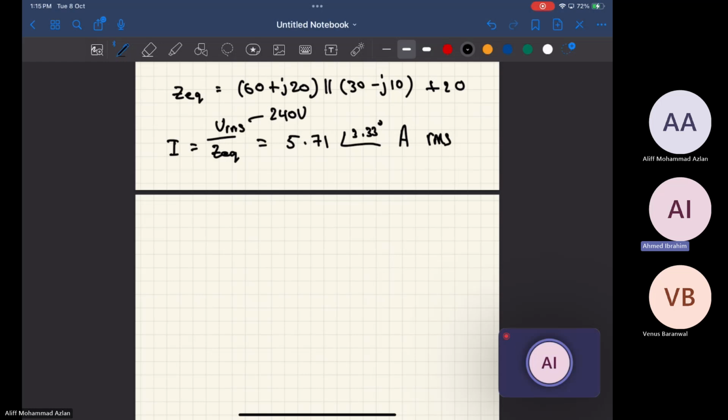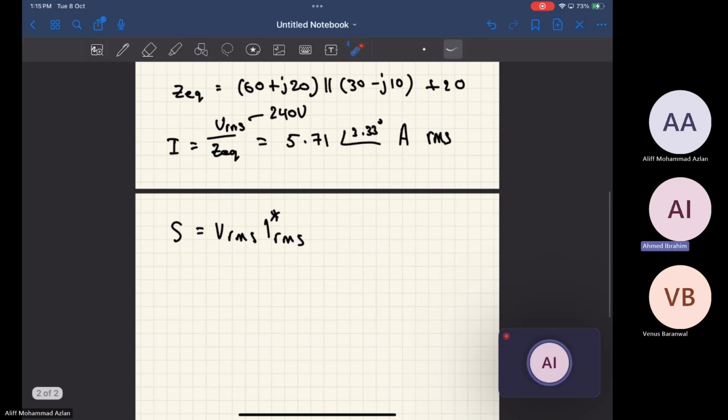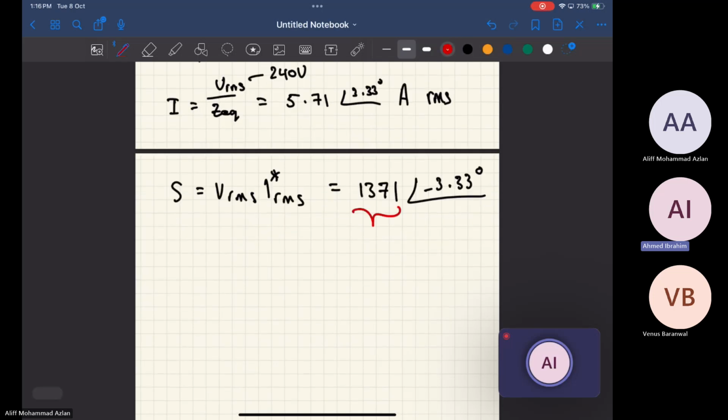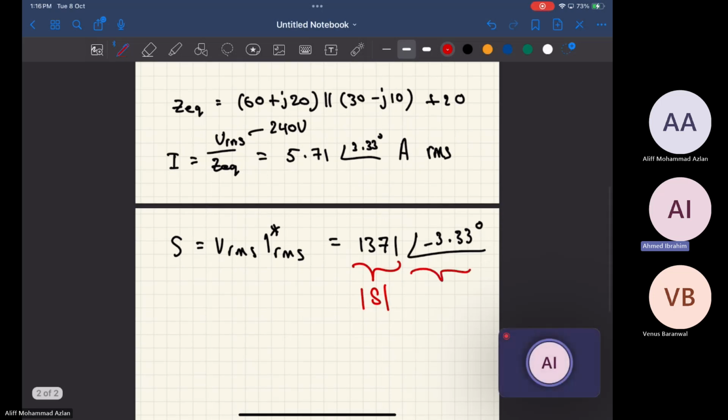Now that we've calculated current, we can just do S equals V RMS times I RMS conjugate. What conjugate does is it's just going to flip the sign of this angle over here. So you put that into the calculator and we get 1371 with a phase of minus 3.33 degrees. Now this is the apparent power, so that's the magnitude of S. And this here is our theta.